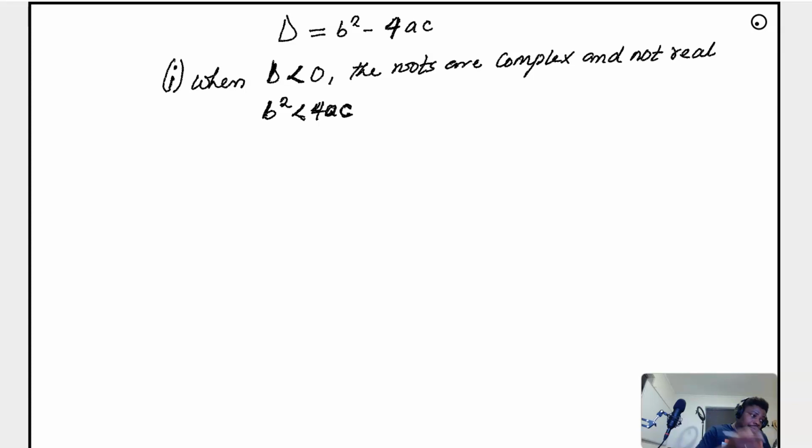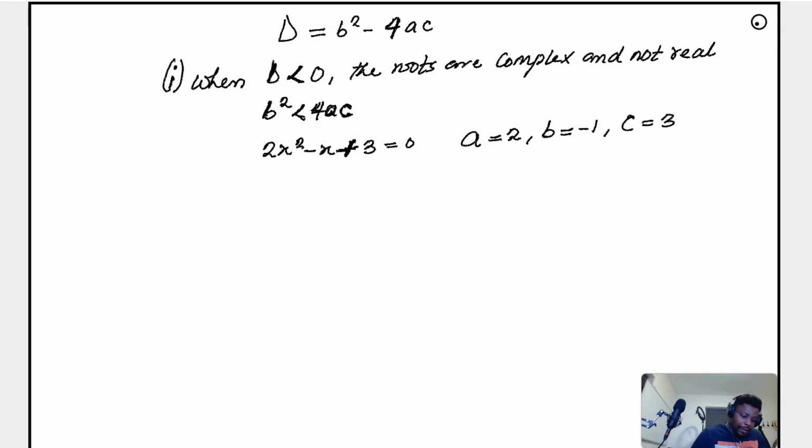So for an example, we have 2x squared minus x plus 3 is equal to 0. What is our a? Our a here is 2. Our b here is minus 1. And our c here is 3. You know how to get your a, b, and c.